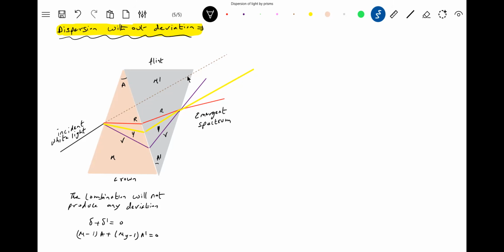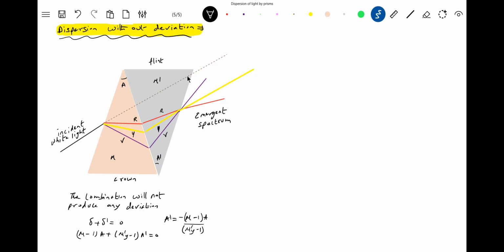All these are small angles. So finally again A dash is equal to, there's a condition for no deviation.